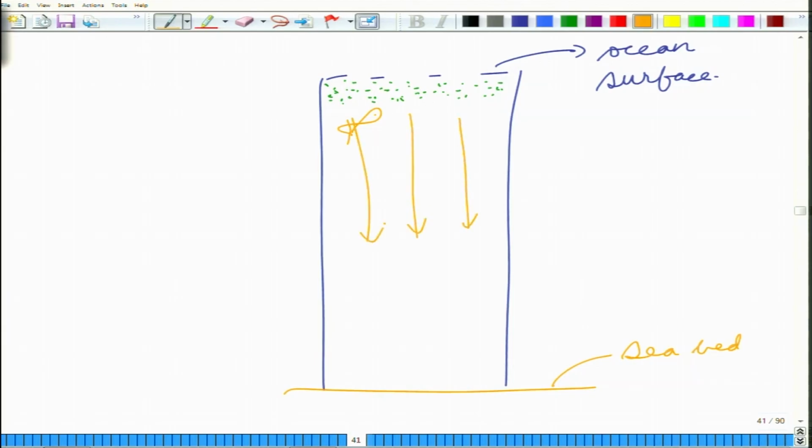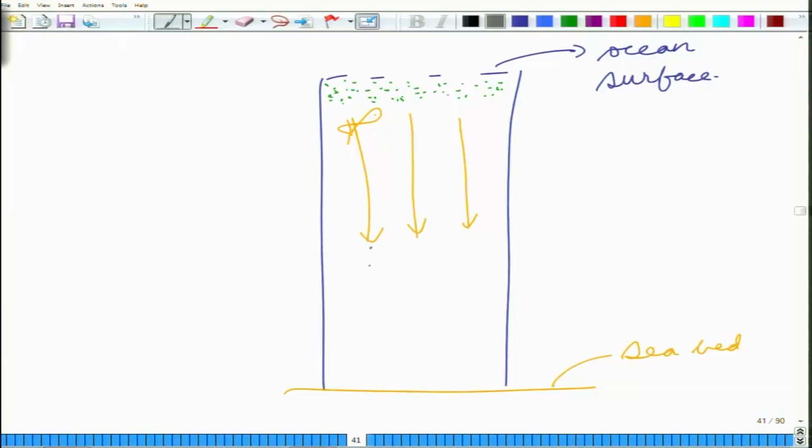Now, they will come down in a process that will take a number of years, because they are very small sized particles, and they take a very long time to come down because of the effects of viscosity, and also because of buoyancy. Now, in this case, these particles, when they are coming down, they are known as marine snow.